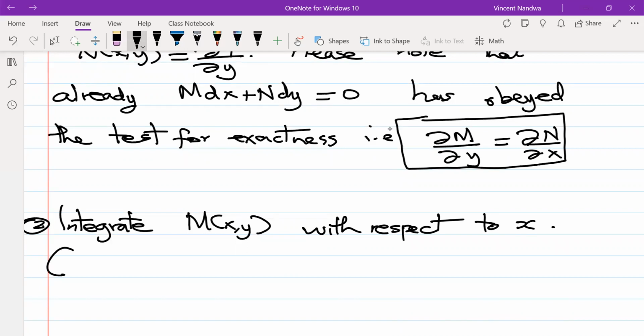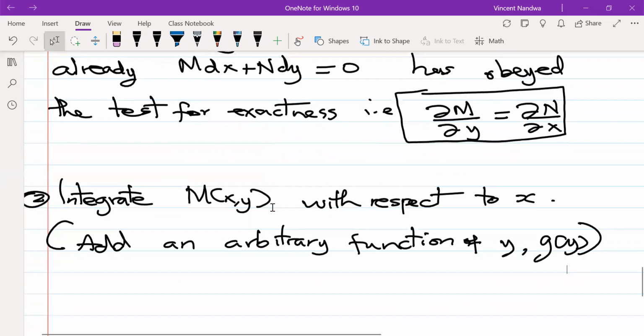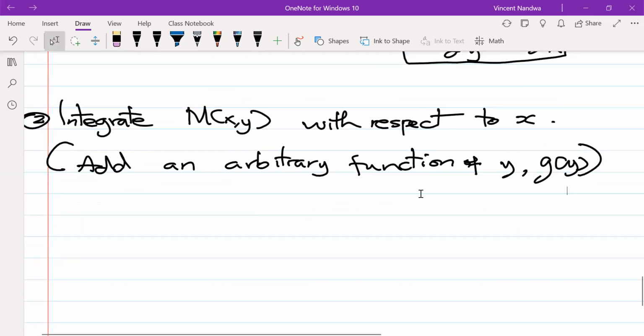And then in this integration, you add an arbitrary function of y, say g of y. Remember, when you are carrying out partial derivatives, if you are doing it with respect to x, any function of y just takes the role of a constant in the normal single-valued function. So the constant of integration you add, you write it as a function of y.